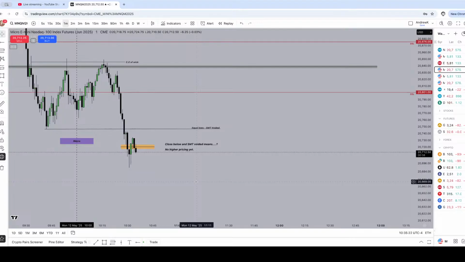Got 30 seconds on that left. 15 on the shot clock. Still nothing yet.